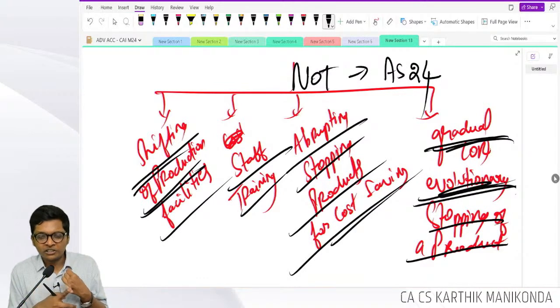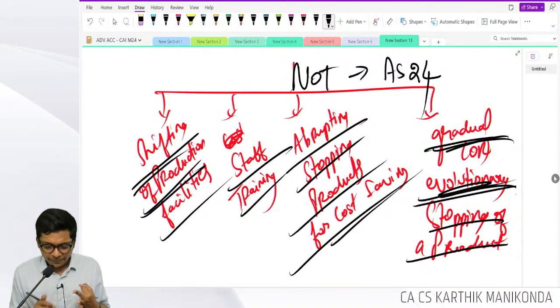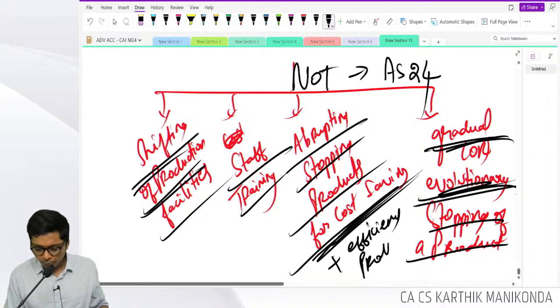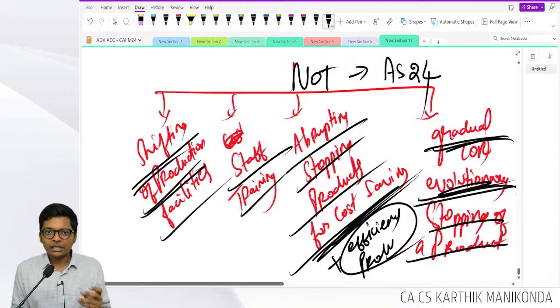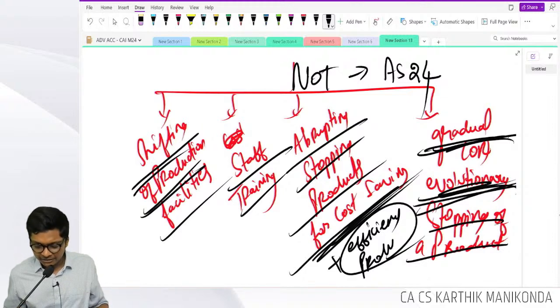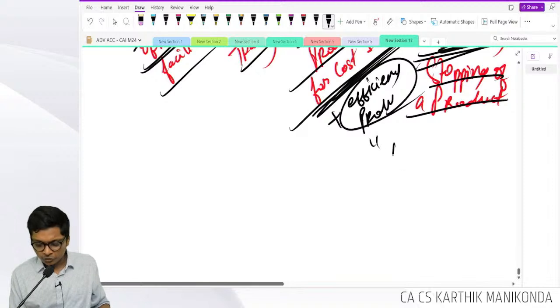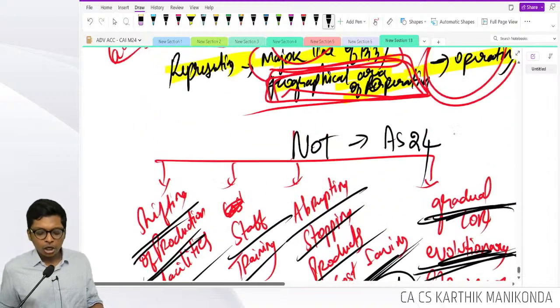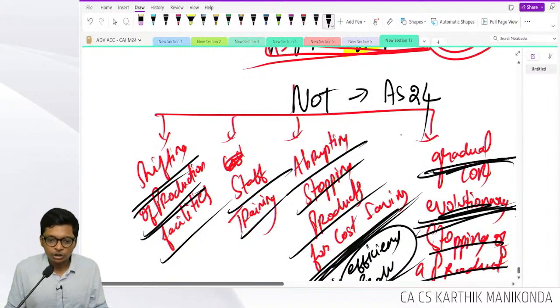So shifting of production facilities, staff training cost, abruptly stopping for cost saving or improving efficiency or productivity, all these are not discontinuing operation. Or gradual or evolutionary stopping, phasing out of a product. The right word is, instead of stopping a product, gradual or evolutionary phasing out a product is not a discontinuing operation.